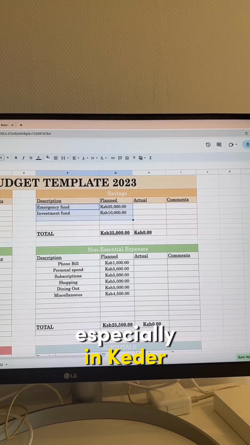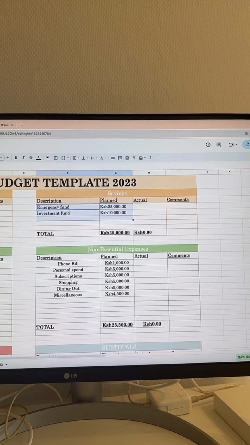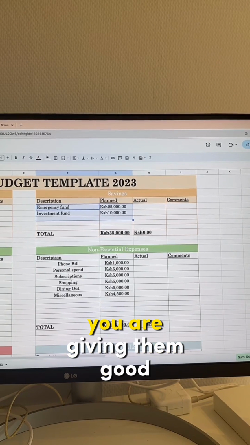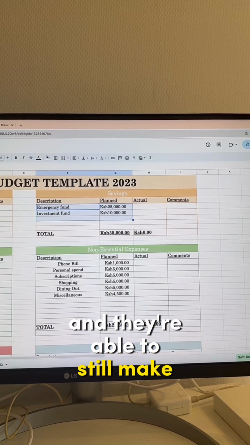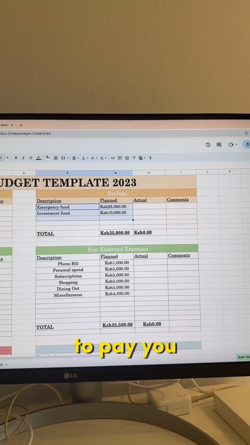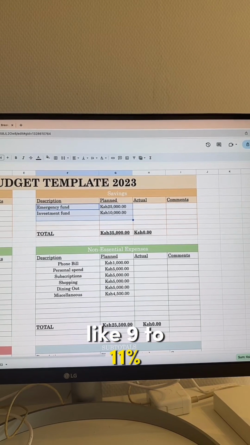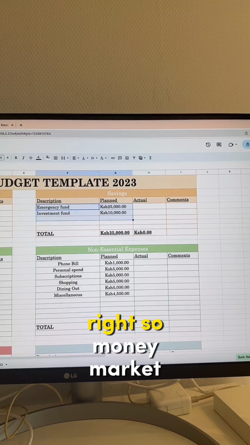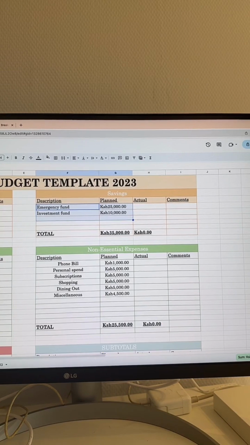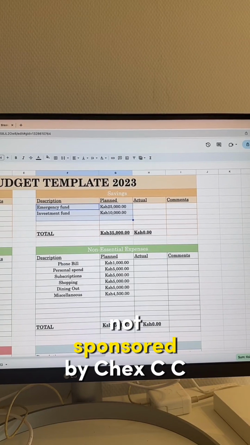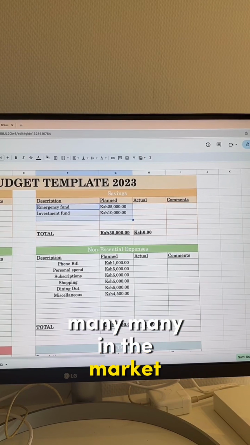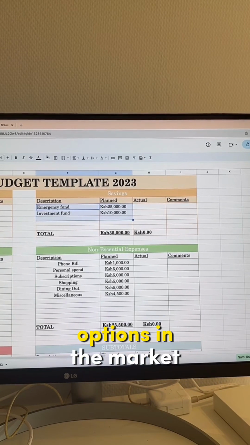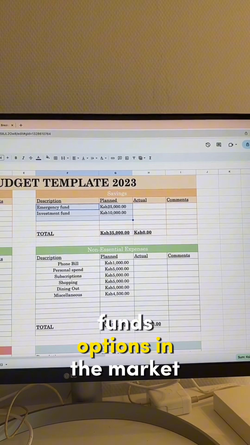Especially in Kenya, they're currently doing bills and bonds a lot because government is giving them good interest, and they're still able to make their money despite the fact that they have to pay you like 9 to 11%. So money market funds are offered by this type of companies. Check CIC, not sponsored, but check CIC, check Sanlam, check Britam. There are many in the market. They are just like SACCOs. Like there are many SACCO options in the market, there are many money market fund options in the market.